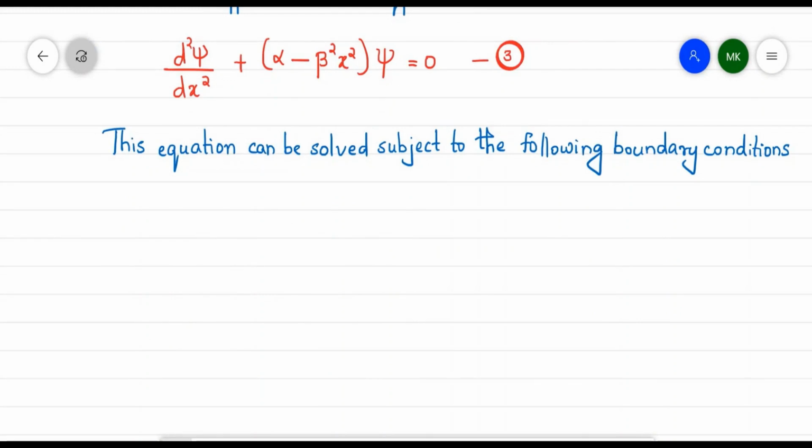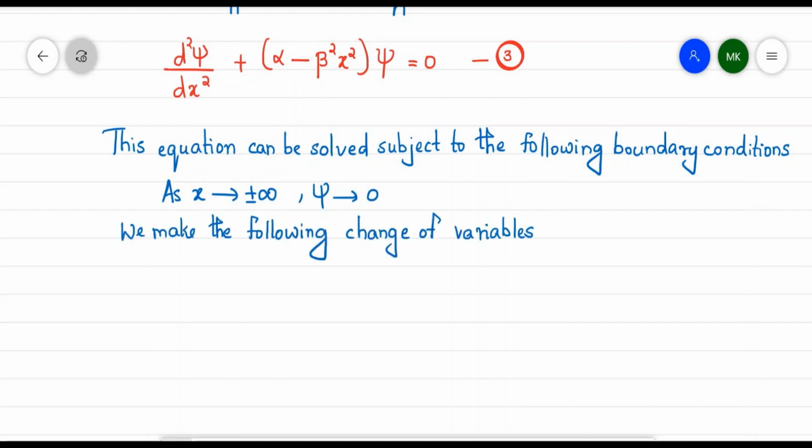This equation can be solved subject to the following boundary condition: as x tends to plus or minus infinity, psi tends to 0. In order to apply this boundary condition, we make the following change of variables. Let y equal root beta into x. So we can write x equals y by root beta, or dx equals dy by root beta.